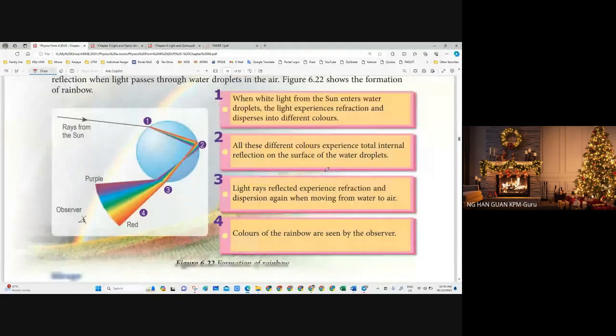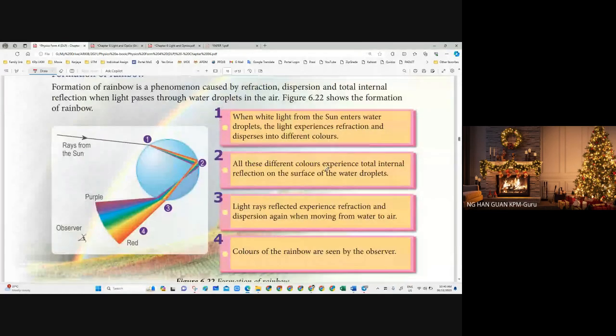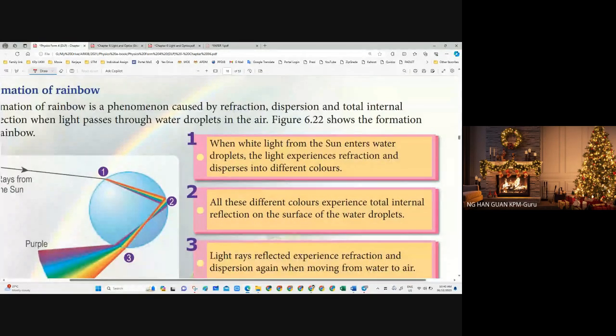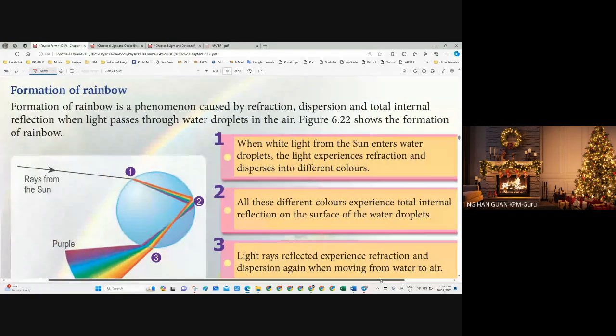Okay, and then the formation of a rainbow. The formation of a rainbow actually consists of 3 phenomena. First is refraction, then dispersion, and the last one, total internal reflection.